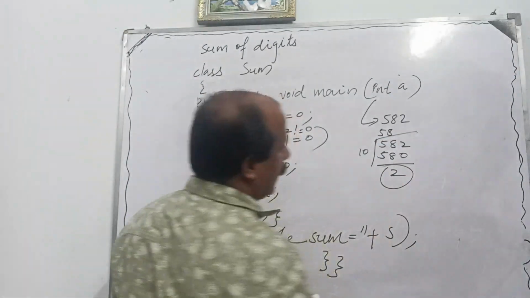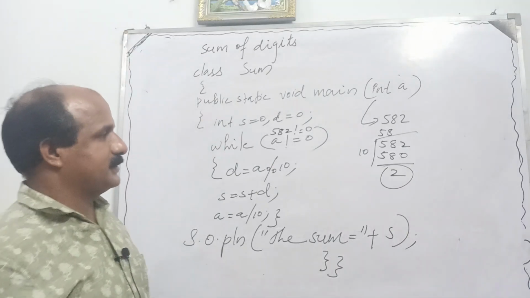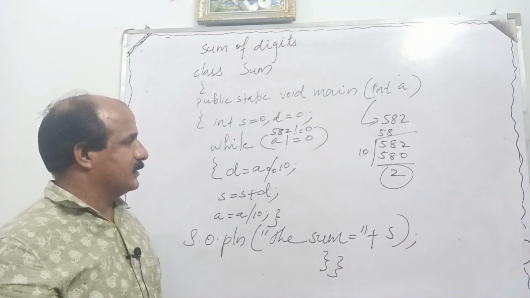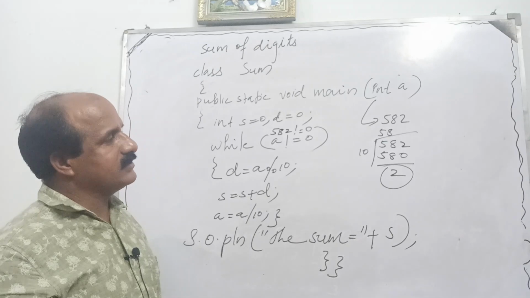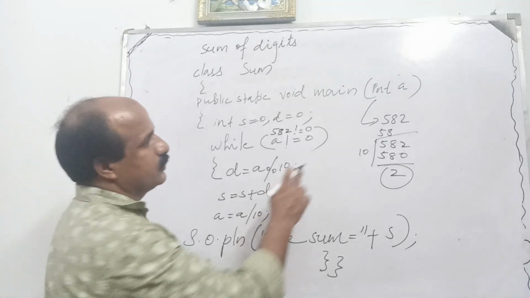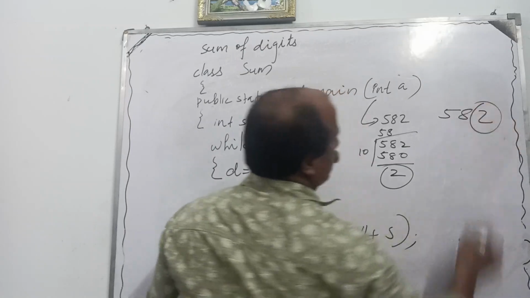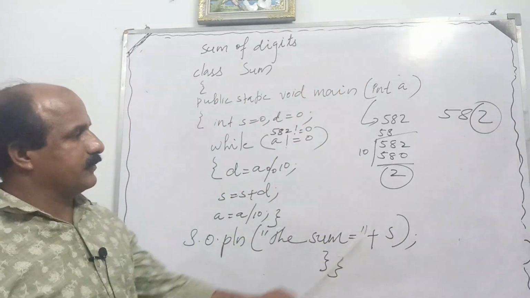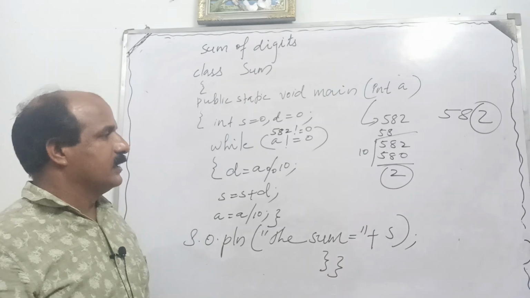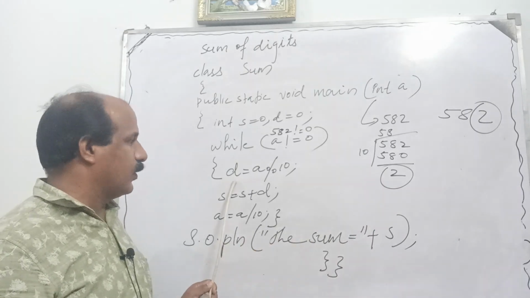We are focusing on the modulus. So in the first step itself, the last digit is extracted. From the original number 582, 2 is extracted by the modulus and stored in a variable called D.